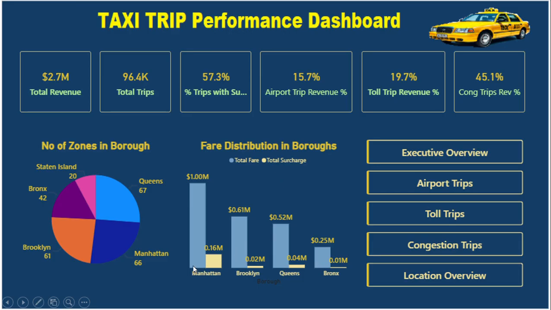In Manhattan, the total fare is more as well as the surcharge, and then Brooklyn and Queens. In Queens the surcharge is more because Queens is home to major airports, so it includes most of the airport fee. So now we'll dive into the executive overview.